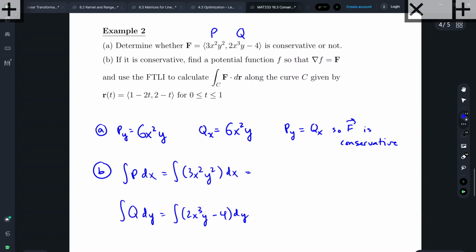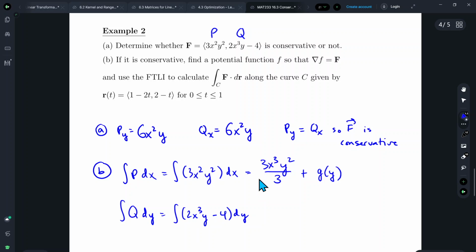Here I'm thinking of y as being constant, right? So the antiderivative of x squared is x cubed over 3. And then I have my constant term, which in this case would be g of y. Then let's calculate the second integral.